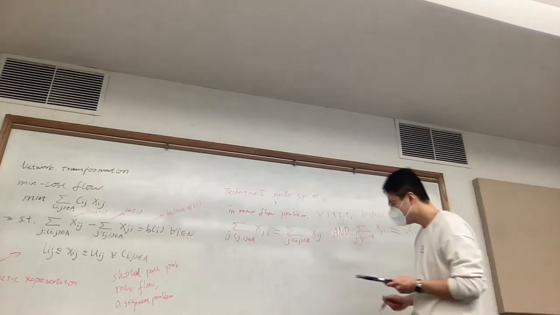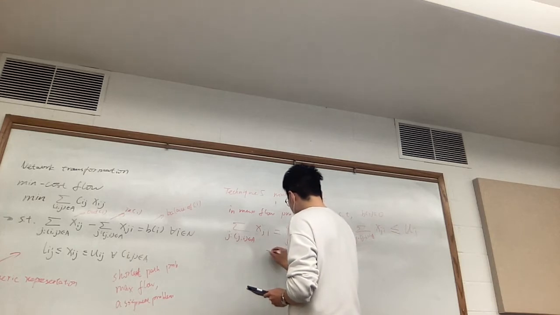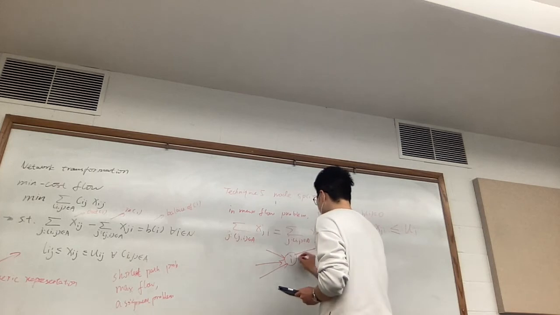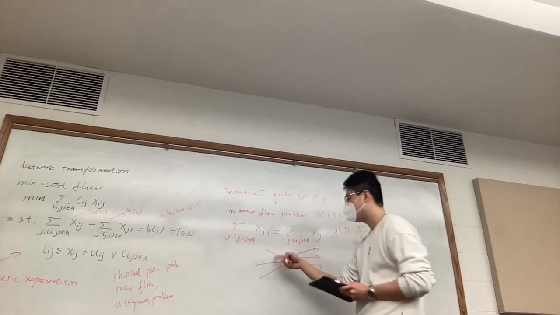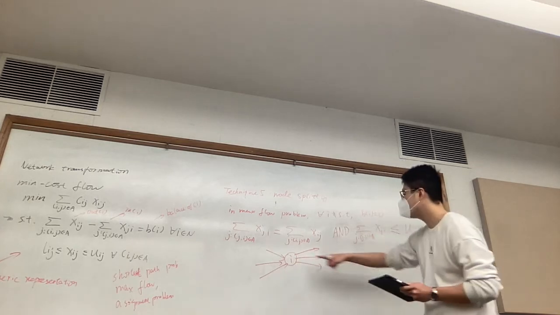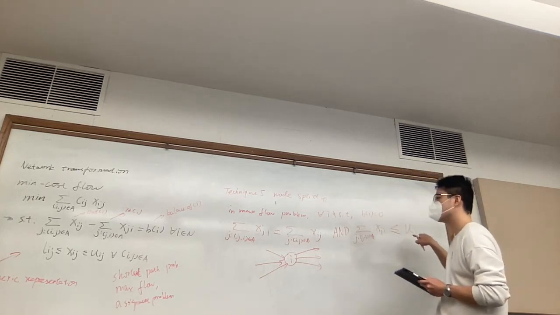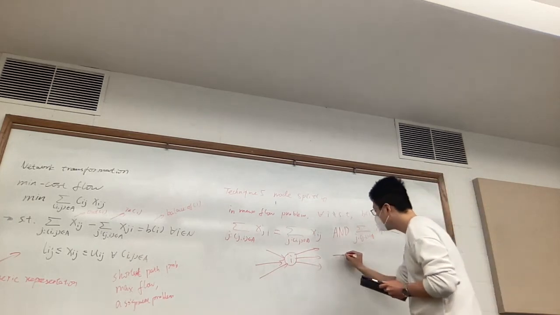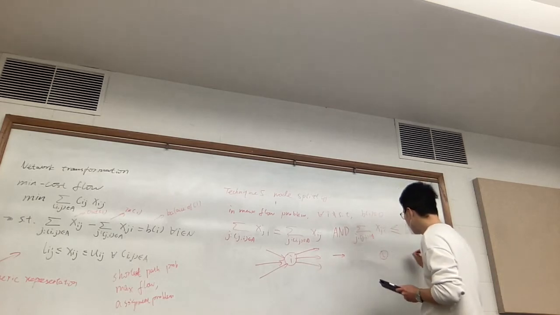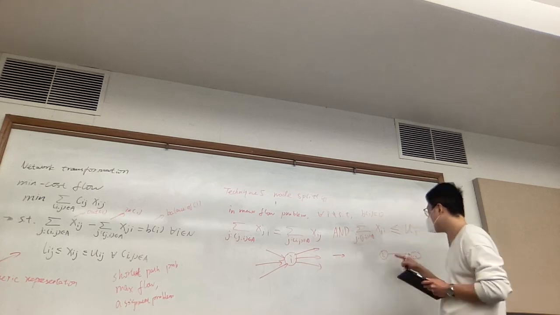Okay, so I introduced this here. Let's say originally this is node i, and we have some flow that goes into i and some flow that goes out of i, and there should be a balance. The balance equals 0. Now, because I want all the flow that flows through i to be less than or equal to some threshold ui, when I do the node splitting, I split it into, say, i1 and i2, and there's an arc between i1 and i2.